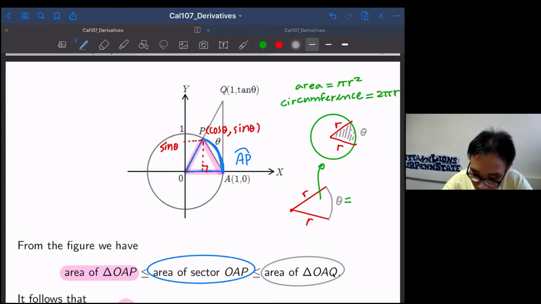So it's going to be pi r square over 2 pi r times theta.